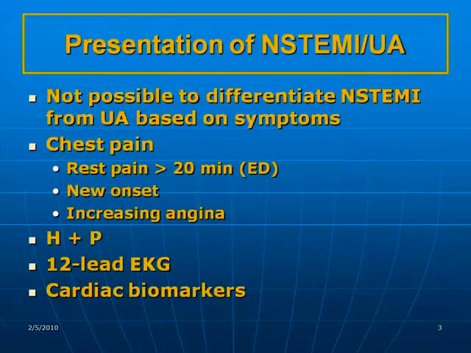All of those would be consistent with acute coronary syndrome. But again, just on the basis of the quality or location of the chest pain, it doesn't allow one to reach the diagnosis of STEMI versus non-STEMI or unstable angina. You really need that EKG and you need the cardiac biomarkers.